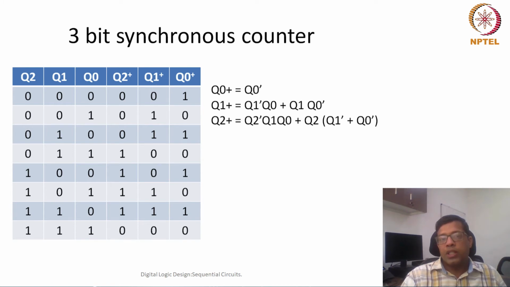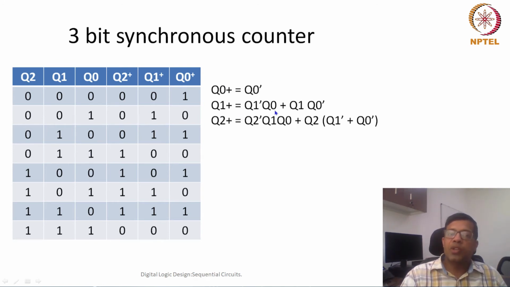So we would like to know the logic expressions for Q0 plus, Q1 plus, and Q2 plus, and as we know already, we need to solve our K-map for these 3 inputs, Q0, Q1, and Q2.